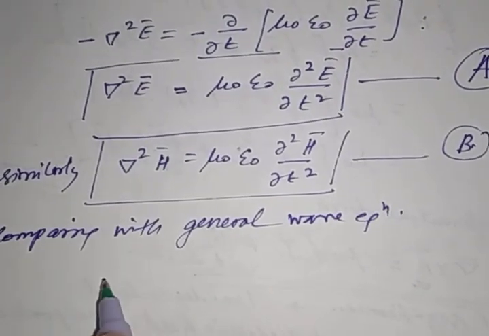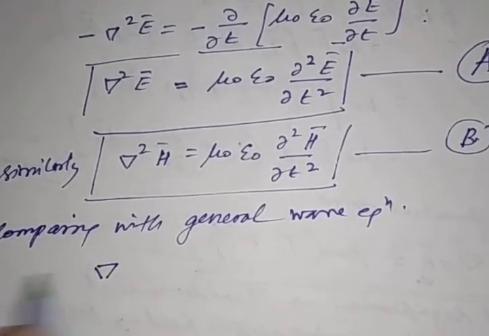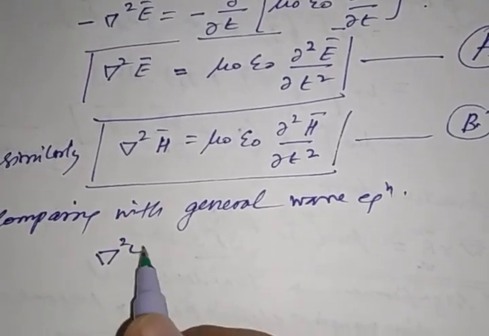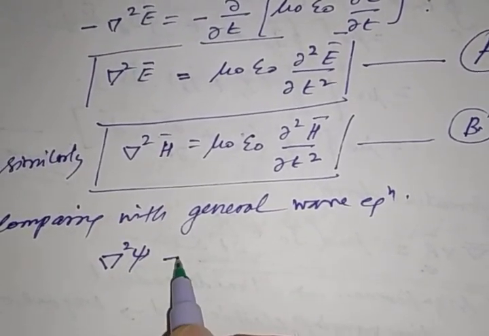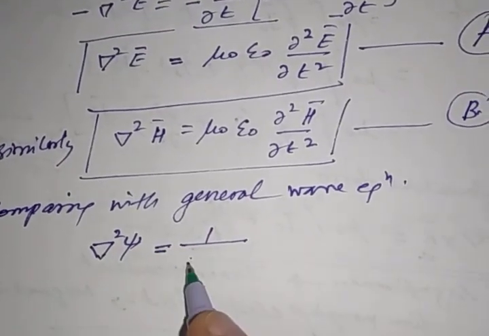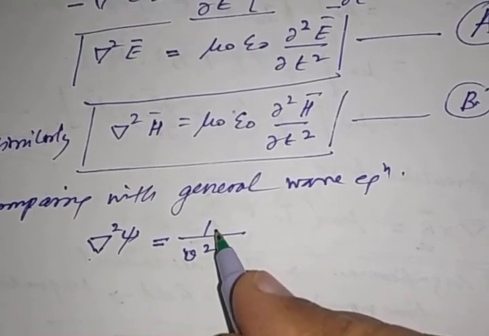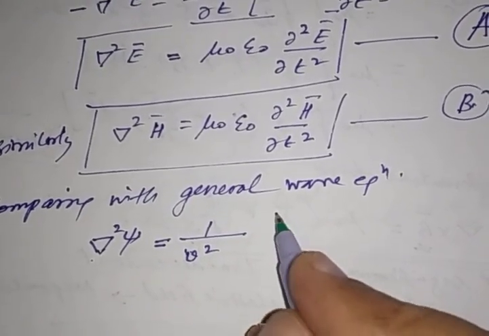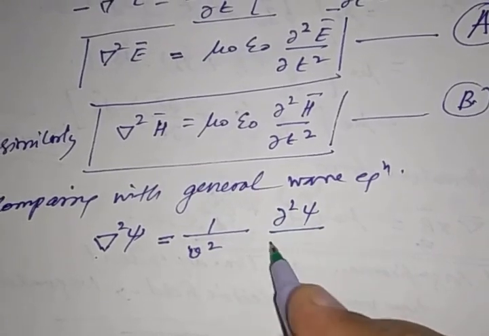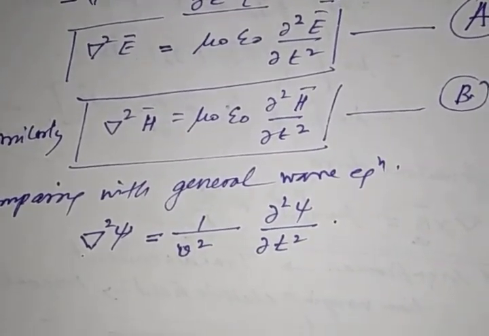The general wave equation says that if any wave function psi is there, then for that wave function del 2 psi is equal to 1 by v square. This equation is justified.